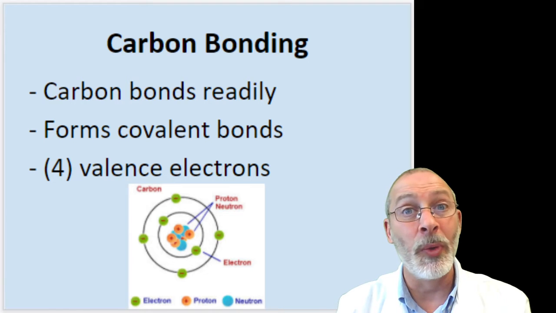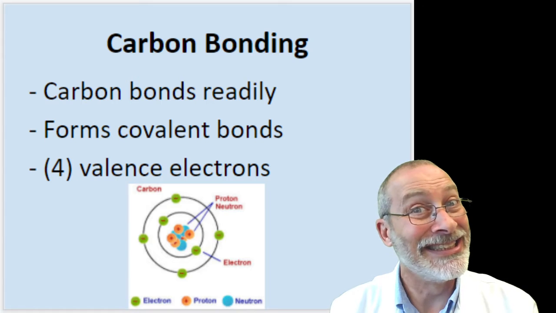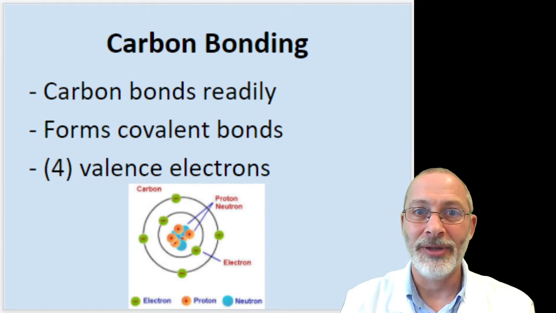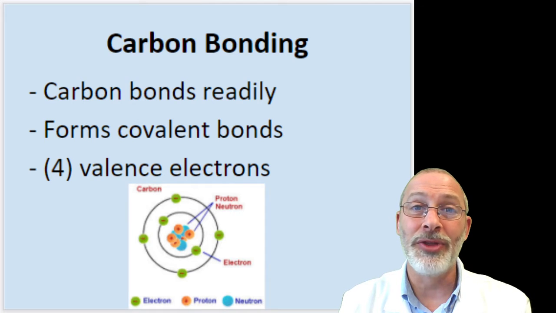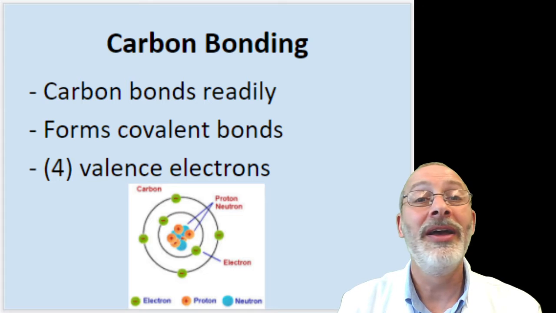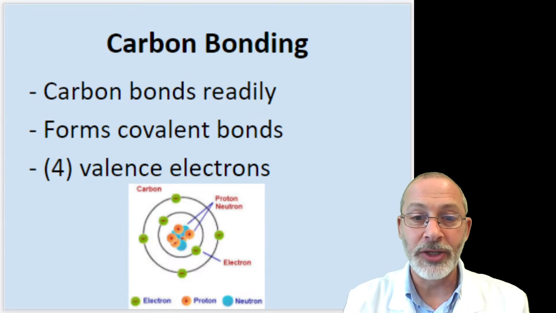And we all remember what valence electrons are, right? Those electrons found in the outermost energy level. And covalent bonds are those formed when electrons are shared with one another.